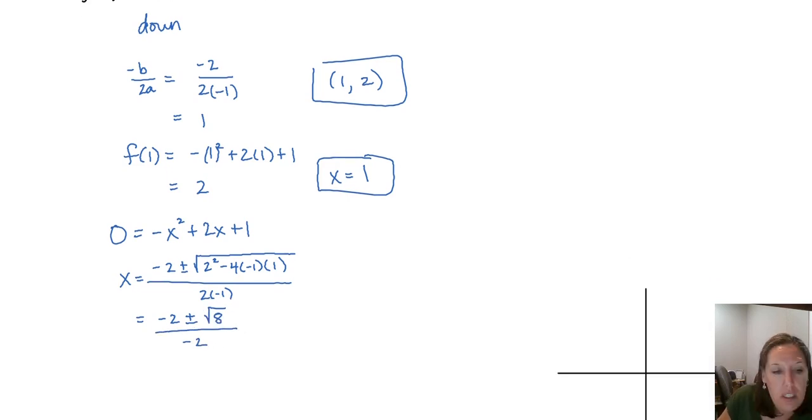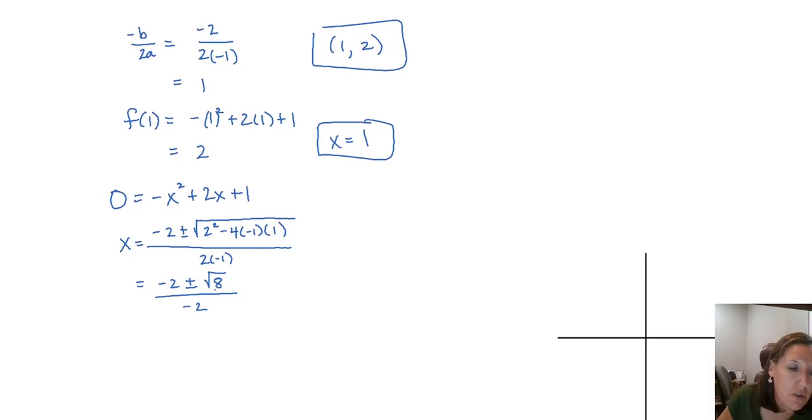Don't be tempted to cancel out those -2's. Remember, we cannot reduce a fraction unless we can factor that common factor out, and we can't factor anything out of our square root just yet. We do need to simplify the square root of 8. 8 can be written as 4 times 2, where 4 is a perfect square, and the square root of 4 gives us 2, and then the square root of 2 cannot be simplified.